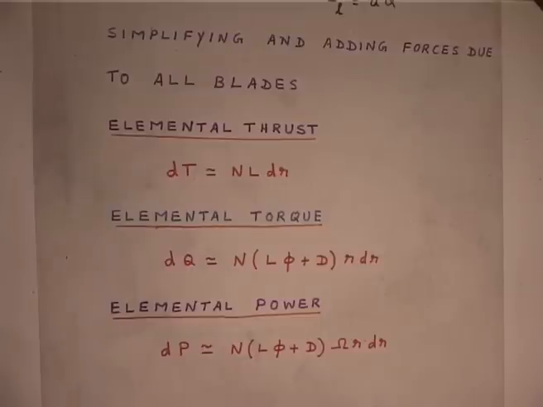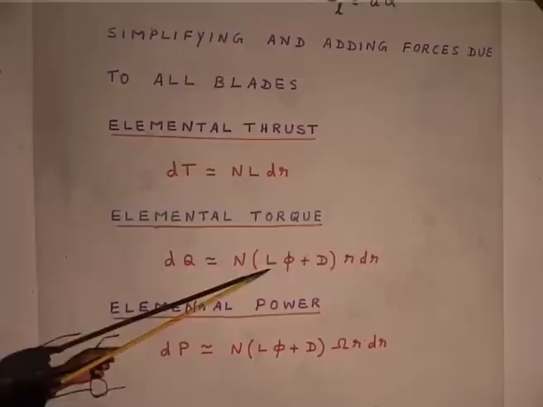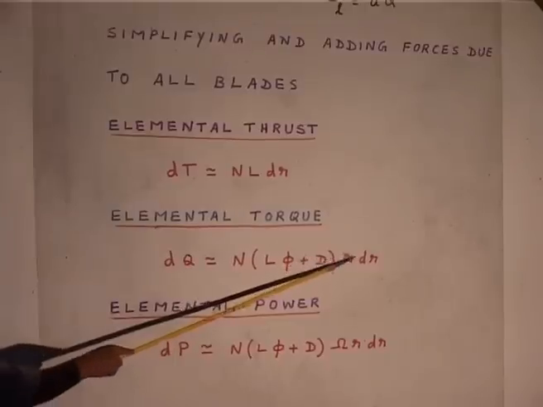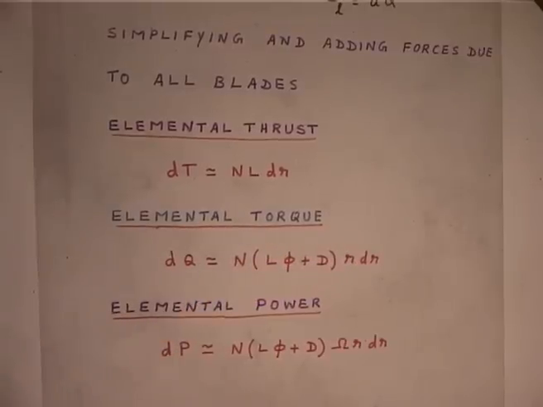But right now I am calculating only the torque, L phi, because I have approximated Fx as L phi plus D, and it is acting at a distance r from the center.